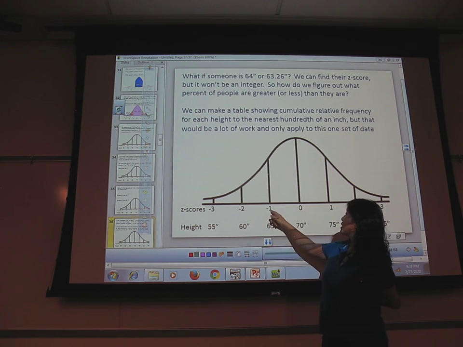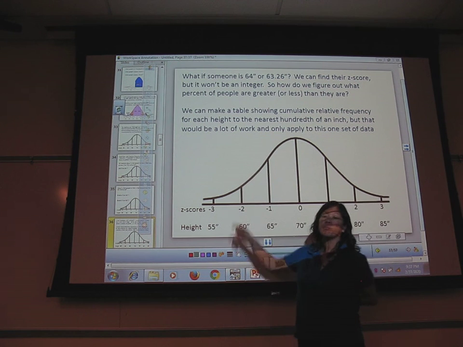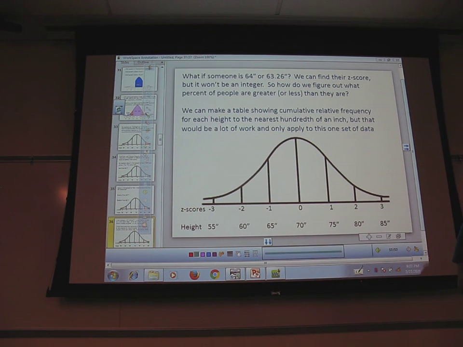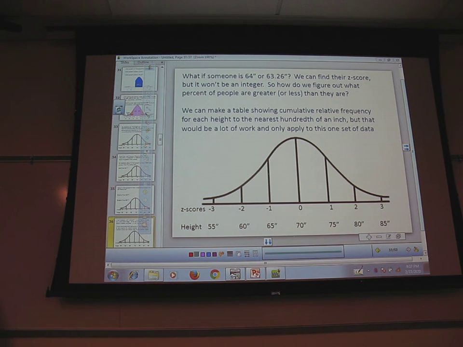We can find it if it's less than negative 1.24 standard deviations. We can find that much. There is a table people have created to find all of those numbers, and they listed it out for you. Also, your TI-84 or 83 calculators have all that stored in them. So we're going to look at how to find these areas just by using z-scores instead. Okay.